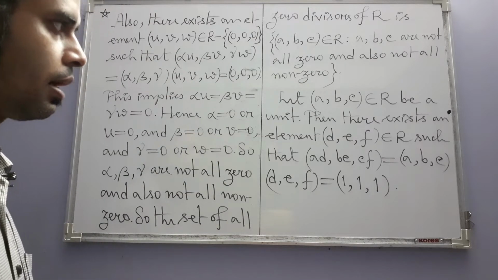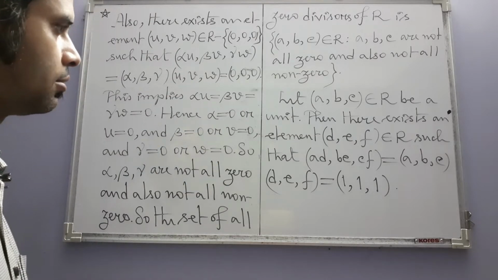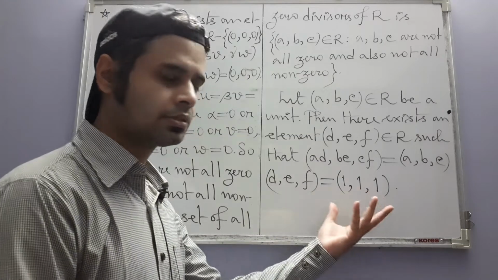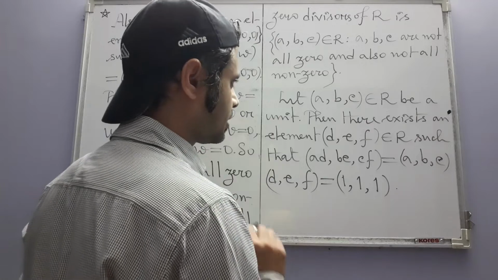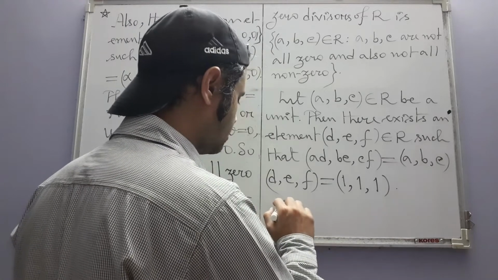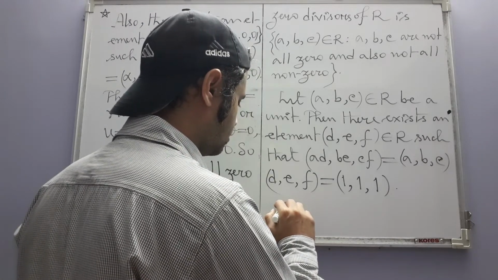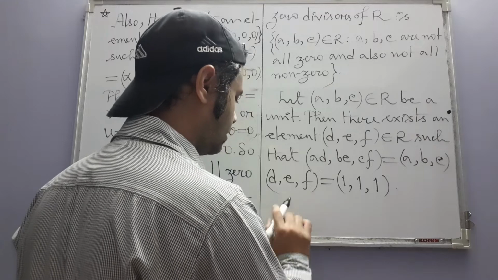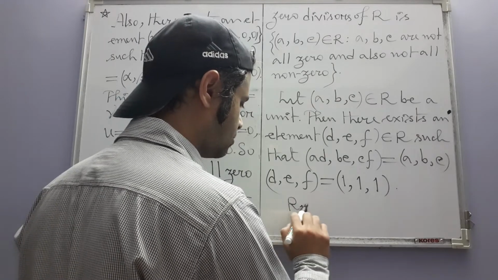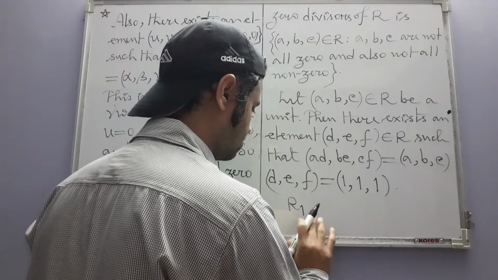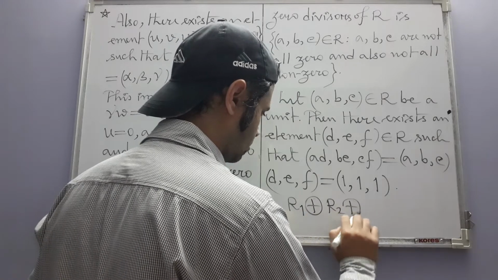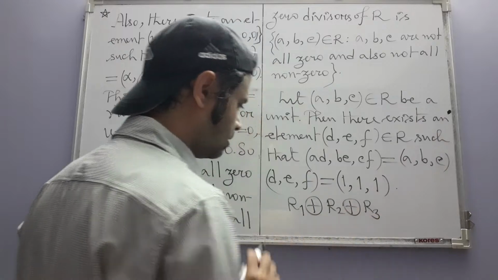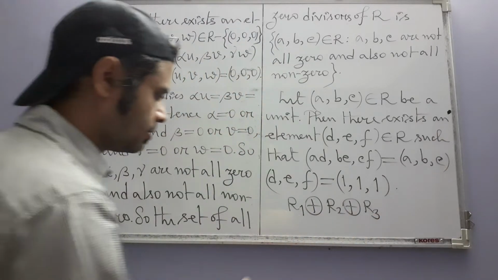And the reason R has a unit is, when you deal with direct sums of rings, if each of the rings involved in the direct sum has a unit, then the direct sum also automatically has a unit.